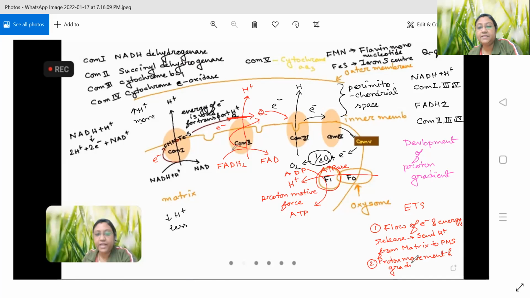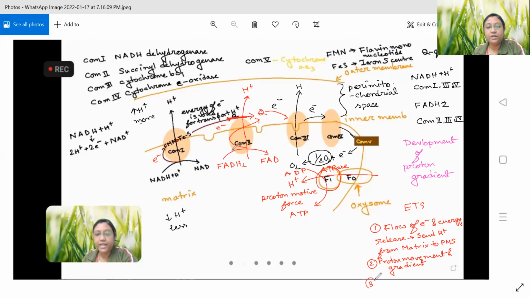So the gradient is developed due to outward movement of proton using energy of electron, and then proton will come back into the matrix, and by using that proton motive force, there will be phosphorylation by ATP.